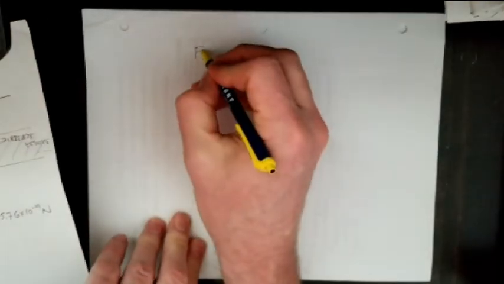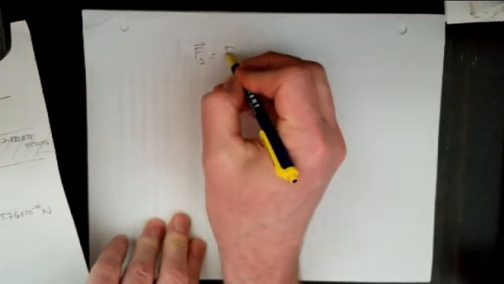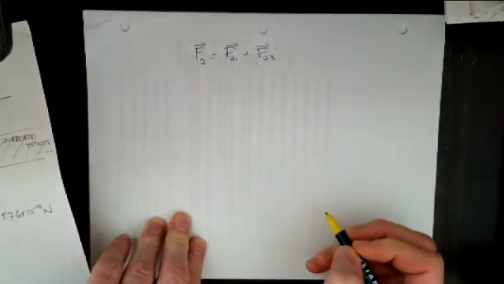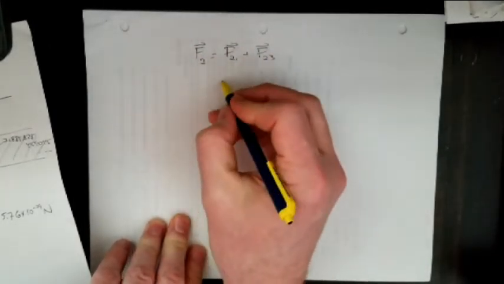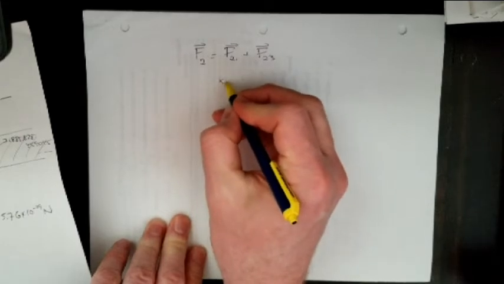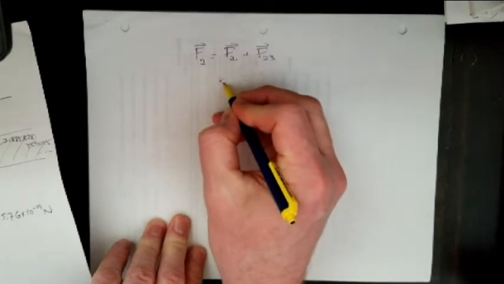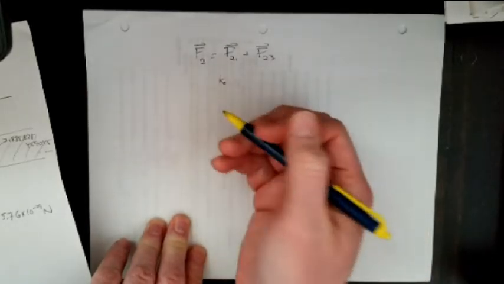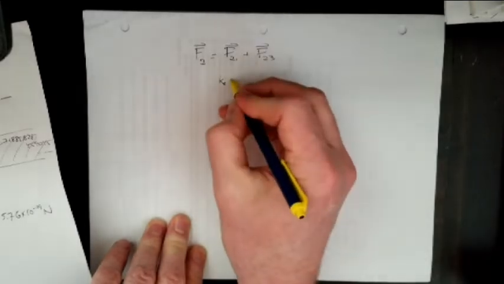All right, so the force on 2 is the force on 2 from 1 plus the force on 2 from 3. The force on 2 from 1, we do K, and sometimes I'll put a little E down here for the electrostatic constant. Sometimes I'll put a C for Coulomb's constant, and sometimes I just leave it blank because I'm feeling lazy.